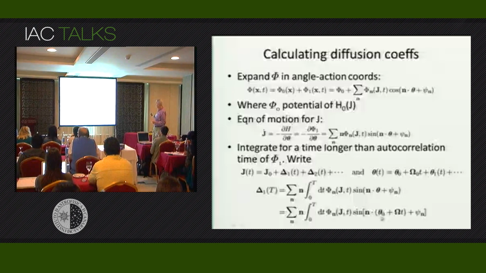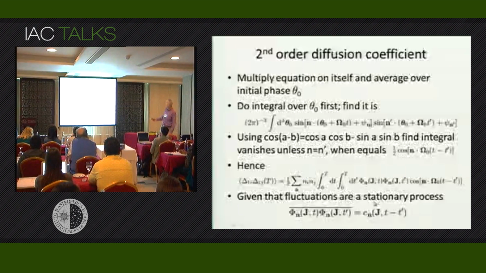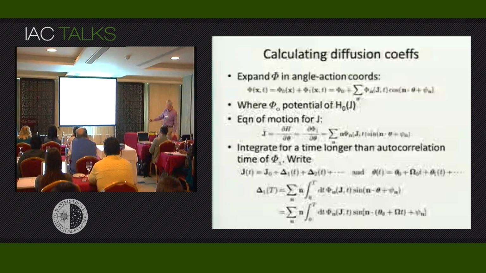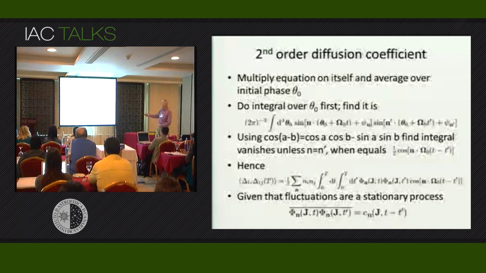So our idea is that we're going to average over this because we want to know the statistical events, and we think that the stars in the galaxy are uniformly distributed with respect to this. So we're going to take this delta, multiply it by itself, so it will contain two integrals over time, integral dt primed, and then we're going to average it over theta 0.